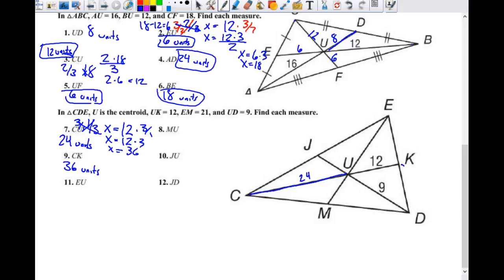MU is this portion right here. Is that the 1/3 portion, or the 2/3 portion? 1/3 times X. Well, what did the X represent? The total length. And the total length is 21. So we can do 1/3 times 21, which is 21 divided by 3, which is 7. So we know this is 7 units.